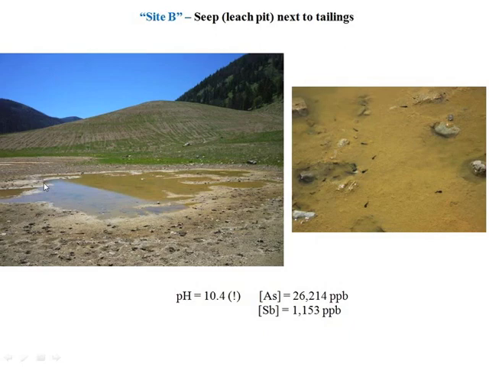And this is where they would have collected the leachate. So we get lots of water that accumulates in this low-lying spot. It's really nasty. At the time, it was so evaporated that the arsenic concentration was actually 20 ppm or so. pH was very high, I think because of the cyanide, and antimony, again, around 1 ppm.